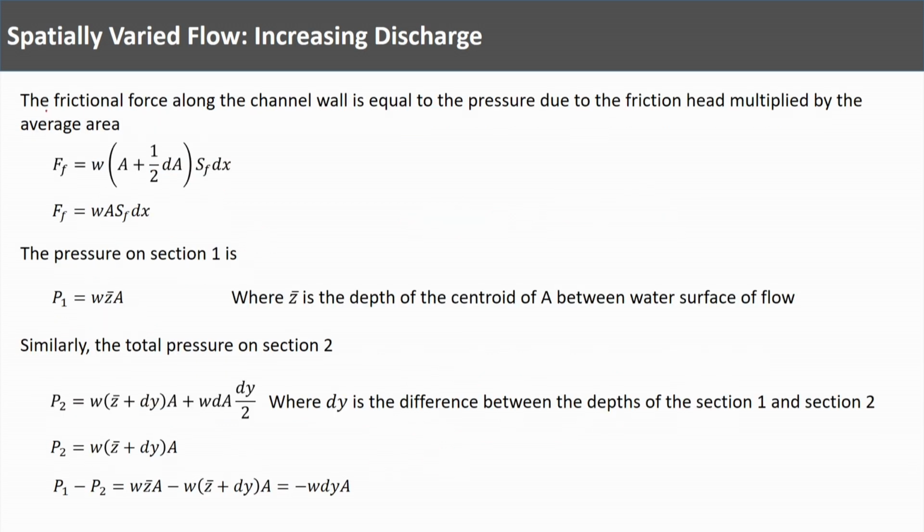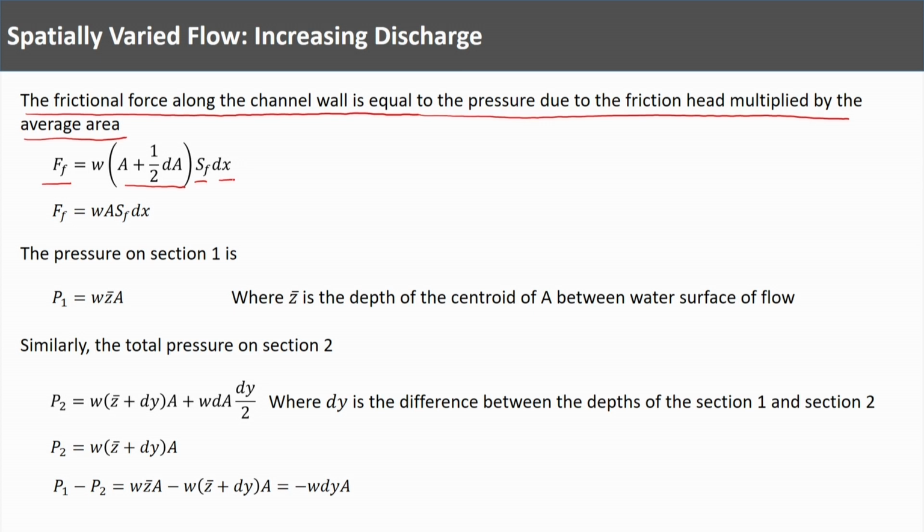Now the friction force along the channel wall is equal to the pressure due to the friction head multiplied by the average area. So I can write that FF equals W, the average area A plus half dA, into SF dx.